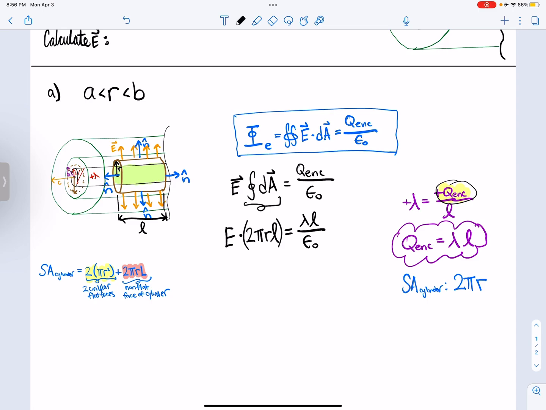So if I find the electric field for part A, that's going to be equal to lambda L over 2 pi R L epsilon naught, right? And my L's are going to cancel out. So I'm left with the electric field is equal to lambda over 2 pi R epsilon naught. That's my final answer. That's the electric field for my radius when my distance is between radius A and radius B.